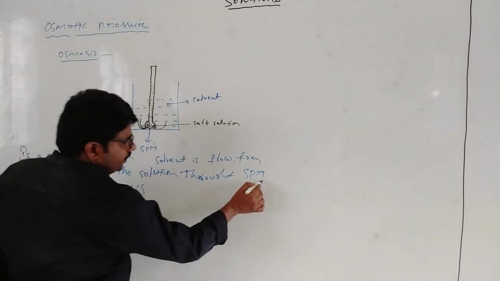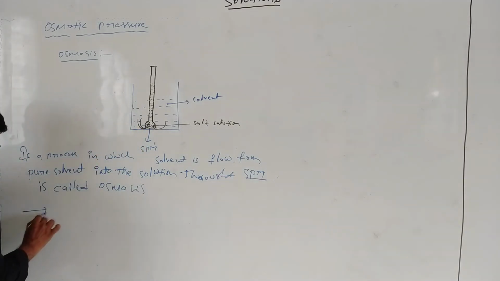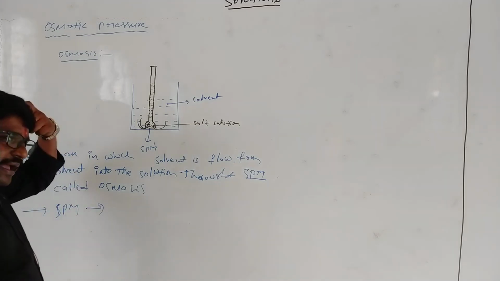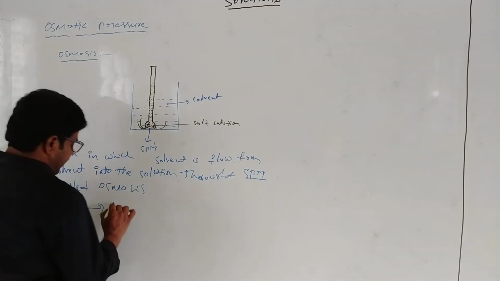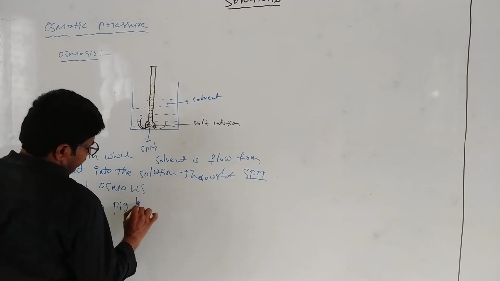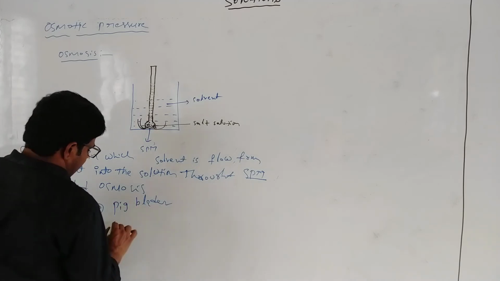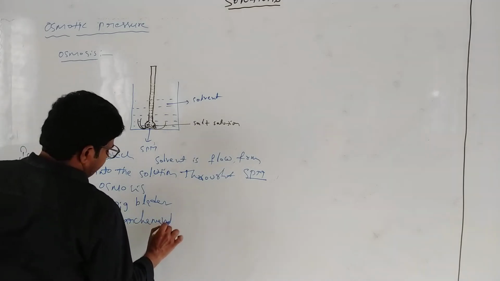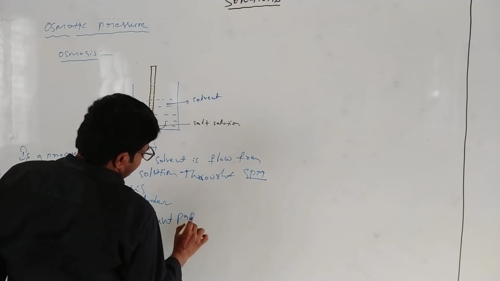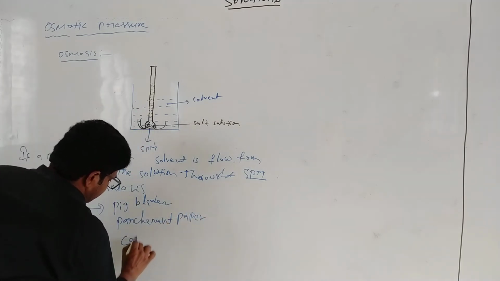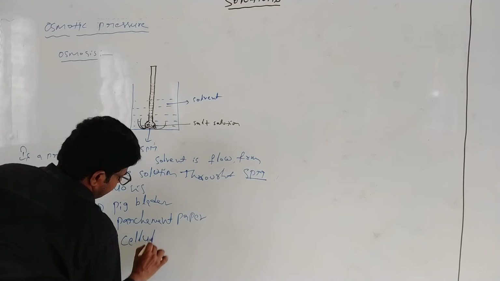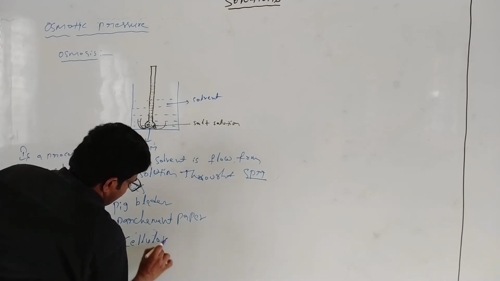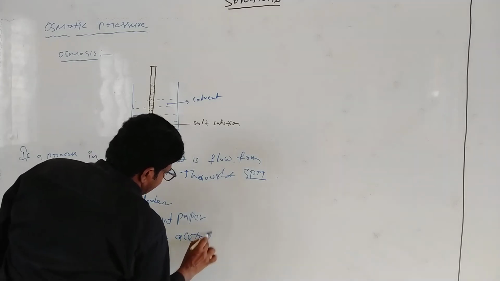So what type of SPM is used here? Semi-permeable membranes are mostly animal bladder, such as pig bladder, or parchment paper, or cellulose acetate.